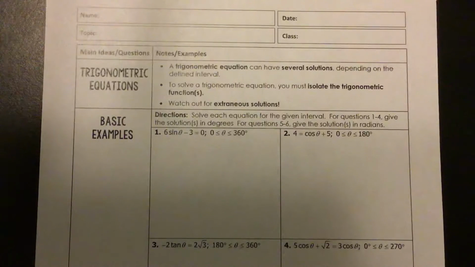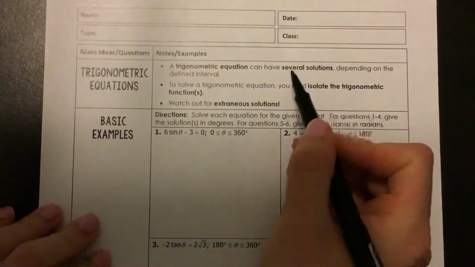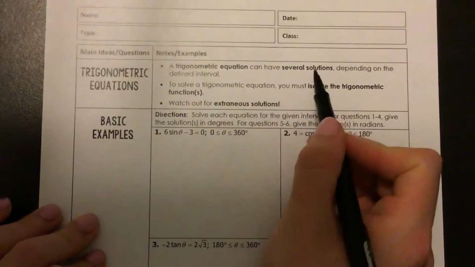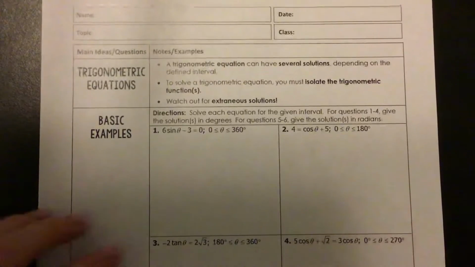All right, so a lot of work with the unit circles. You definitely want to make sure you have that handy. We're going to be kind of working backwards on our unit circle. With trig functions, remember trig functions are periodic, meaning you have the same values that repeat themselves over and over and over. So what that means is that you can have many solutions. You could have 1, 2, 3 solutions.